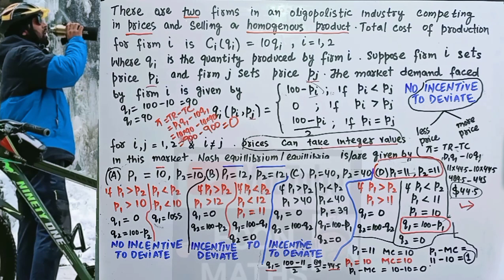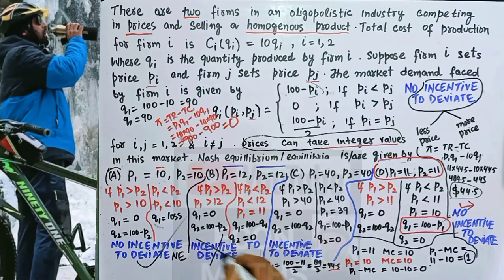Okay, let me write it here. We have no incentive to deviate. So when we have no incentive to deviate, this denotes our Nash equilibrium.